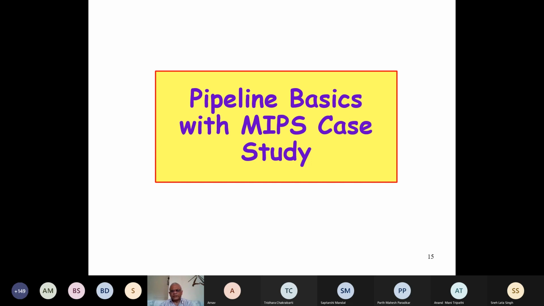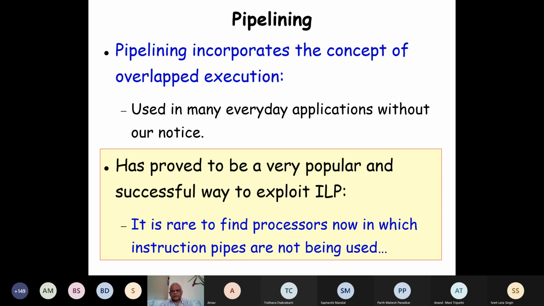Let's look at the pipeline. What is this powerful concept? Pipelining is called an overlapped execution. In a computer processor, pipelining means different instructions are executed in an overlapped manner. Before one instruction completes, the next instruction starts execution.